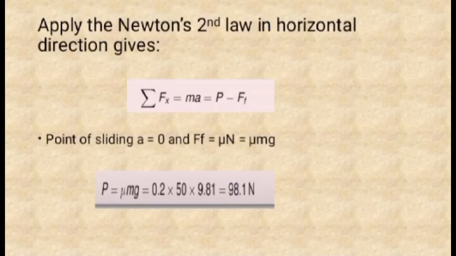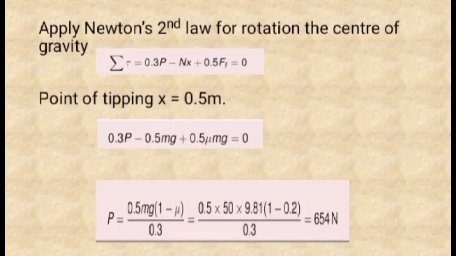Now we can also look at the reverse scenario where we need to determine the value of P that will cause the crate to tip over, and we can use Newton's second law for rotation about the center of gravity, which is the sum of all the torques equals 0. It is equal to 0 because there is no rotational acceleration for the scenario where the crate tips over.